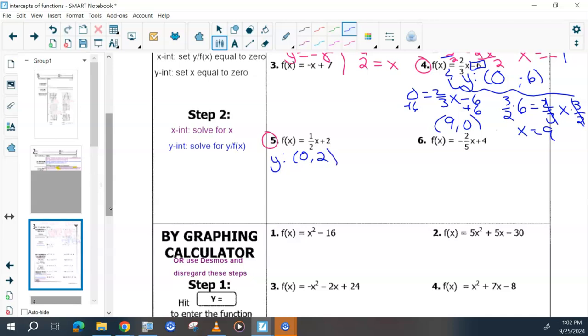Okay. For the x-intercept, if I rewrite this, 0 equals 1/2 x plus 2. Get rid of the 2. And then just like what we did in 4, take that 1/2, flip it, and multiply on both sides.